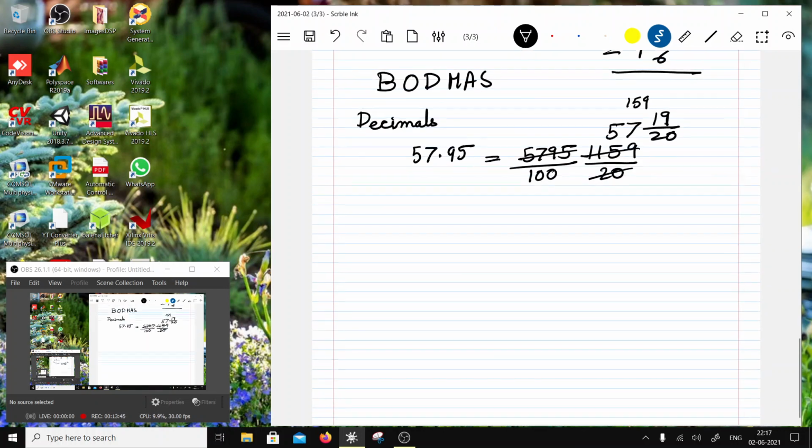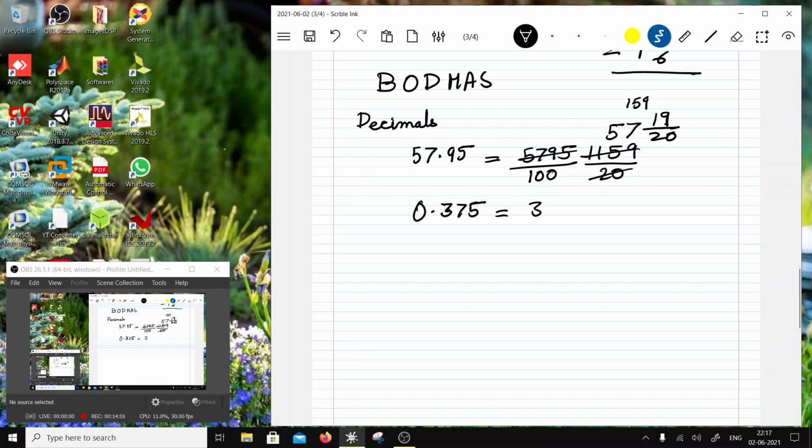So that's the mixed number. So I can do decimal to fraction, and similarly, let's take another example. For example I can have 375, right? So this can be written as 375 divided by 1000.